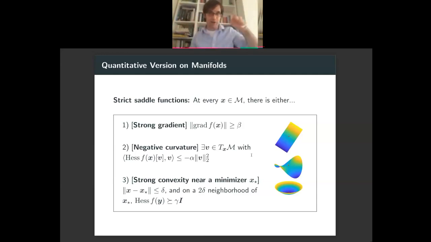Here, negative curvature is the key. And the reason is simply that negative curvature is what gives you symmetry breaking. If I have two equivalent minimizers, then you better hope that in between the objective function is shaped like so that I'm going to be able to fall off to one side or the other. So a lot of the analysis really tries to zero in on directions of negative curvature.